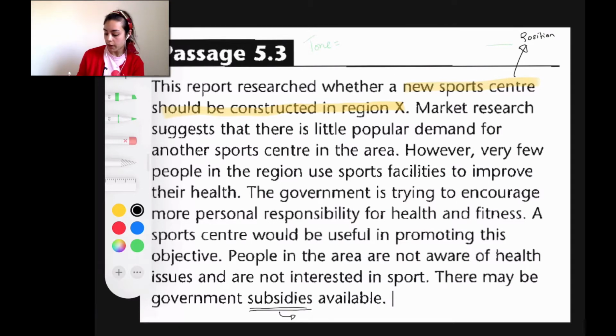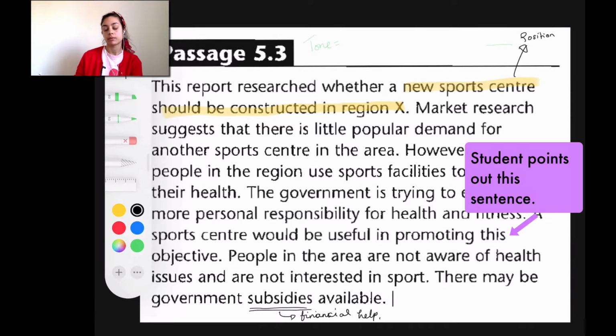So this is financial help. Financial. Yeah, so for example, if the cost of a sports lesson is £20, the government might subsidise £5 of it. So you pay 15 and the government pays 5, and that makes up the cost. It's like financial help.